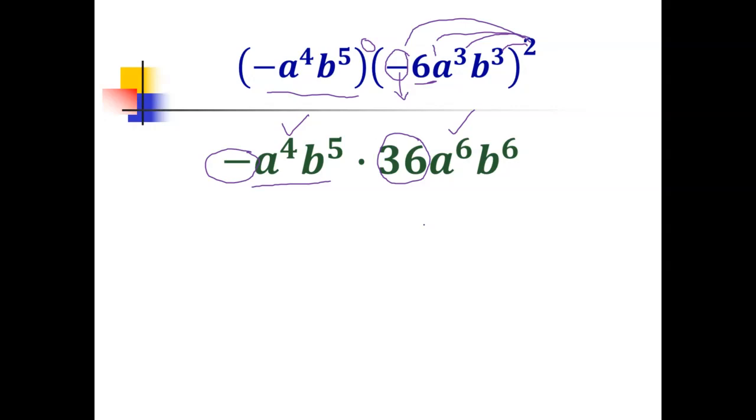So a to the power 4, a to the power 6, that will become a to the power 10. I will use the product rule again on the b. b to the power 5, b to the power 6. You will keep the b and add 5 plus 6. That should give you 11. So my final answer looks like negative 36, a to the power 10, b to the power 11.